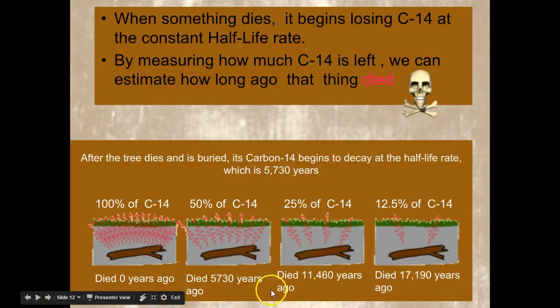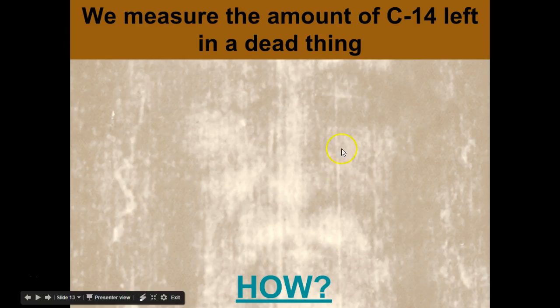If you go another half-life to 11,460 years, then it's only going to have a quarter, 25%, of the original amount of carbon-14 that it had. And then after another half-life, that 25% will become 12.5%, and you would see an even smaller amount of C14 in that. So let's take a look at how scientists do measure the C14.